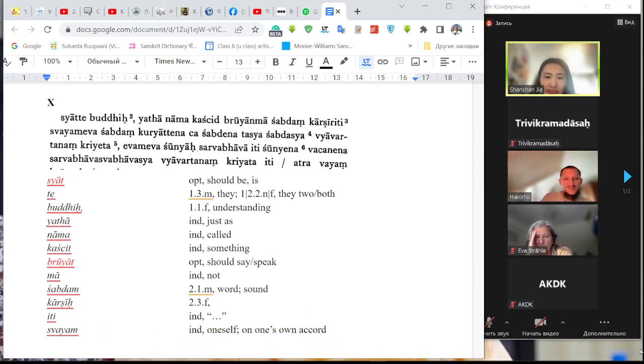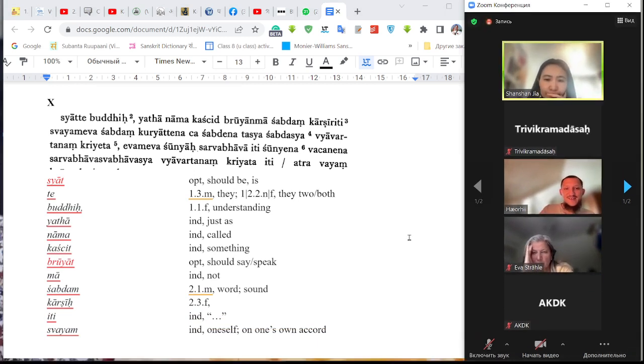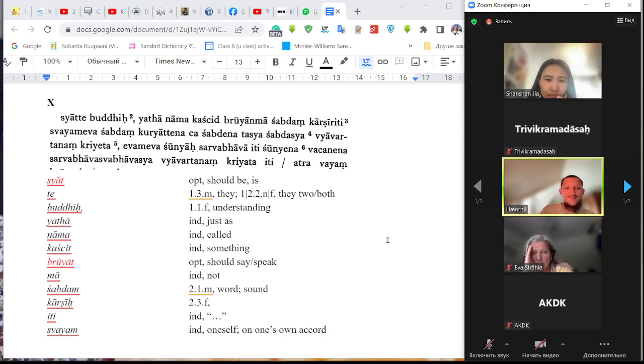So how many sentences do you read in this part? Five. Which five? So, Syate buddhi is one.